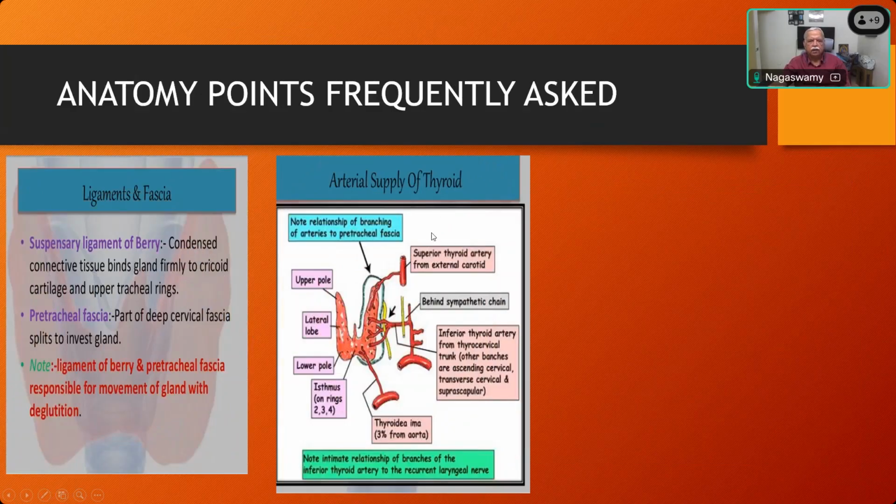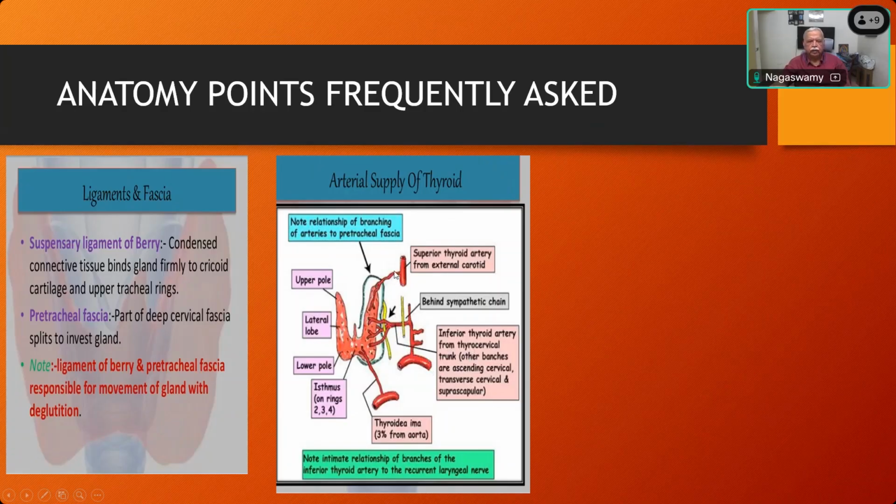And this is the arterial blood supply. Superior thyroid from external carotid, then the inferior thyroid artery from thyrocervical trunk. And very rarely you have a middle one. So arterial supply is mainly from these two, that is inferior and superior. You normally don't have a middle thyroid artery.